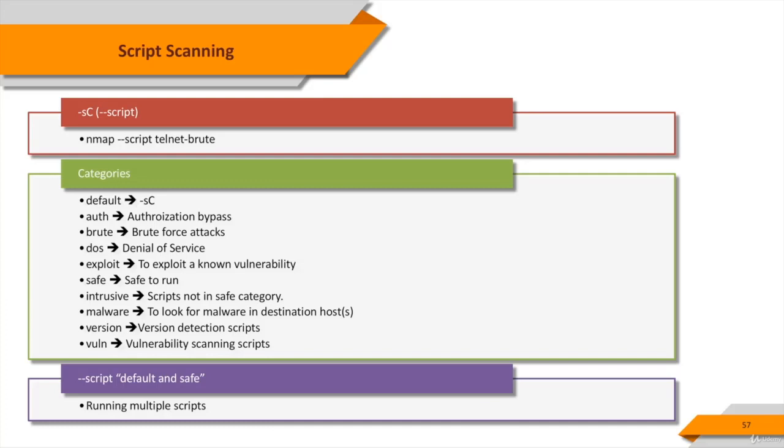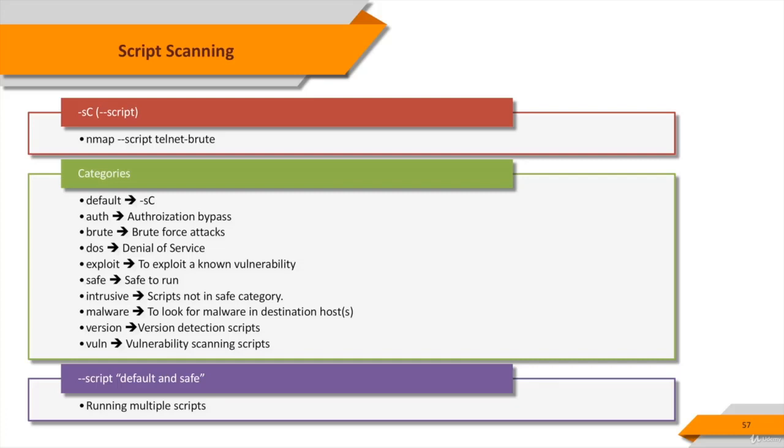So let's give you a little detail. Default scripts are the default set and are run when using -sC rather than listing scripts with --script. This category can also be specified explicitly like any other using --script=default. Auth scripts deal with authentication credentials, or coincidentally bypassing them, on the target system.